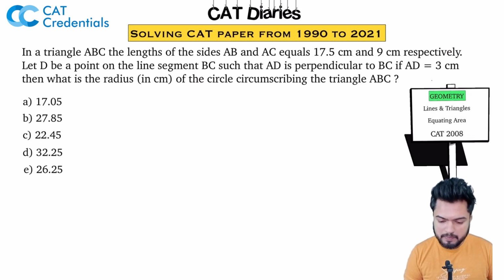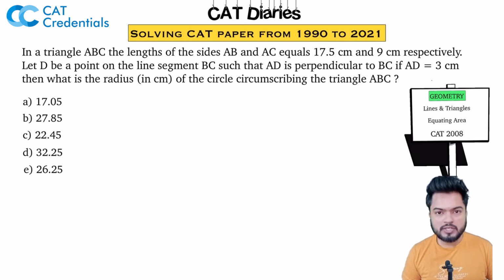Let D be a point on the line segment BC such that AD is perpendicular to BC. If AD is 3, then what is the radius of the circle circumscribing the triangle ABC? So what is given, what is asked, which formula of area will I use to find out the circumradius? Circumradius is again nothing but length. That's what you will have to think.